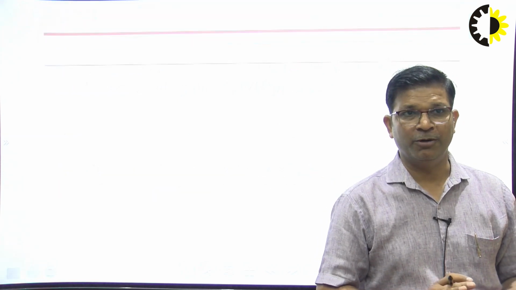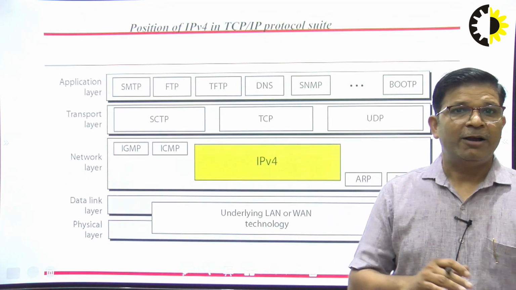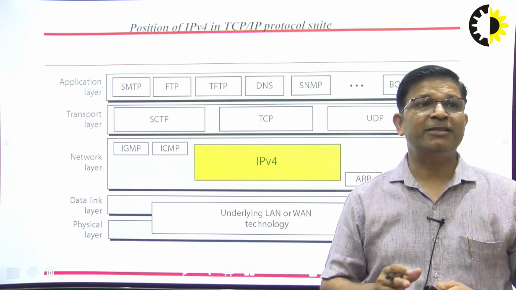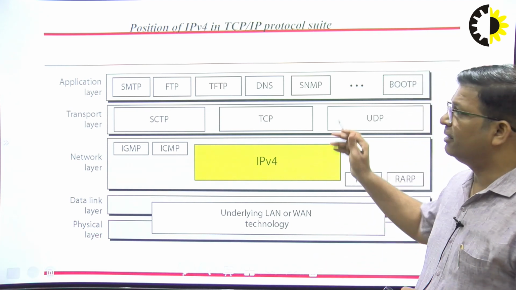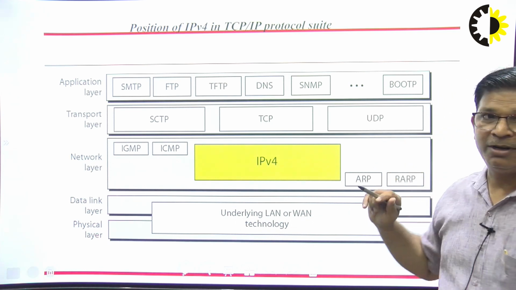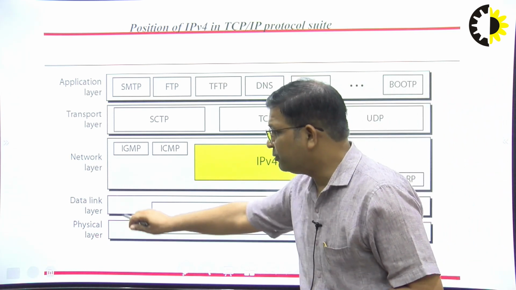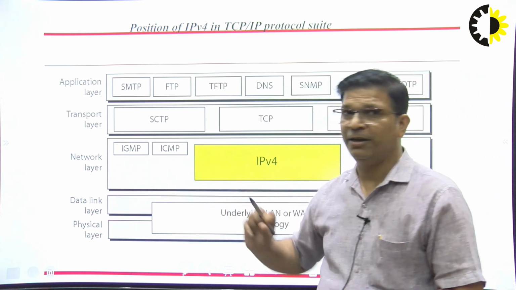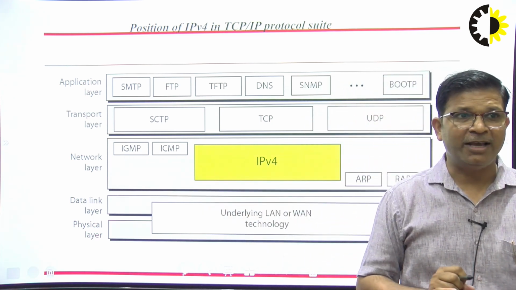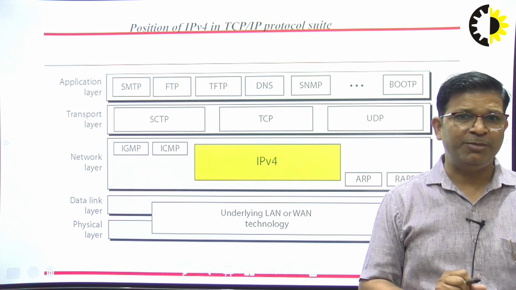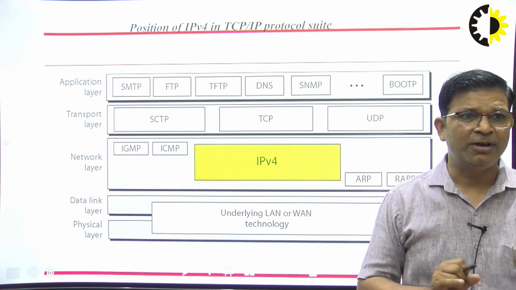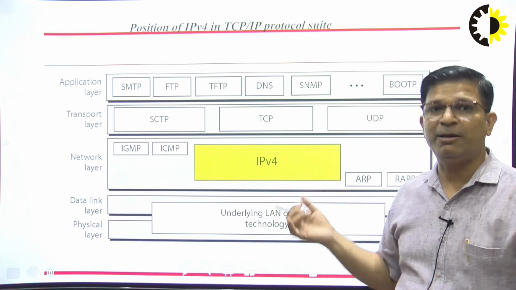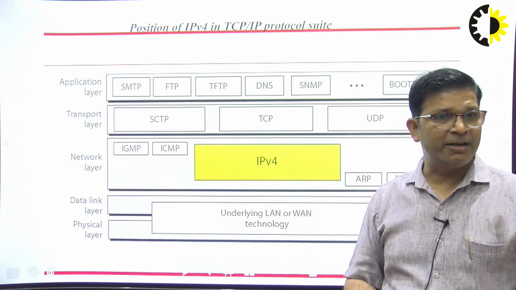Okay. So where does IP exist? IP exists at the network layer. You can see in the TCP/IP model that these two are the physical layer and data link layer, and this is the network layer. There are various protocols at the network layer like IGMP, Internet Group Message Protocol, ICMP, Internet Control Message Protocol, IPv4 or IPv6. These are the logical addresses.